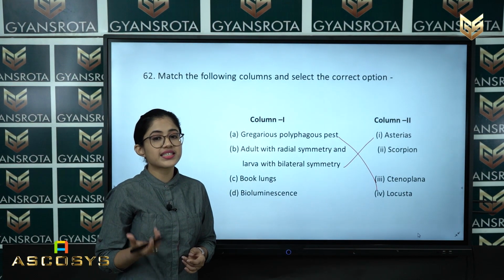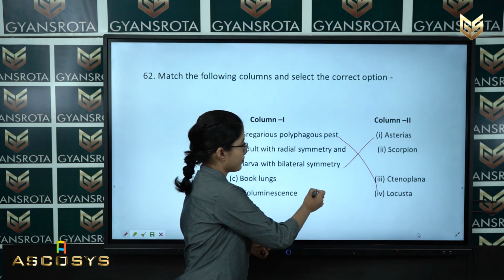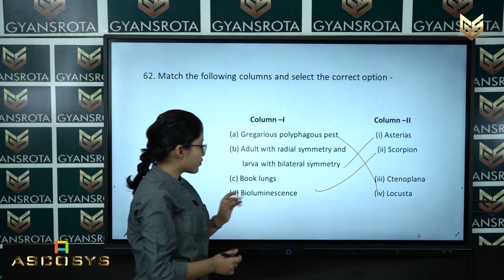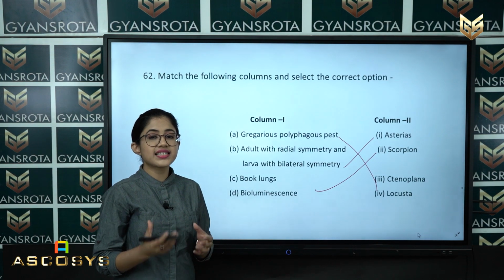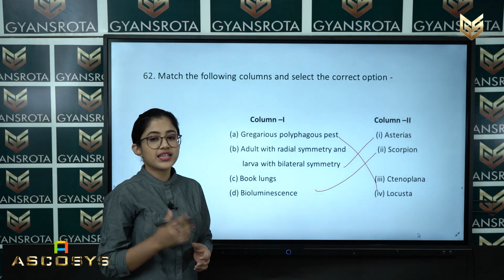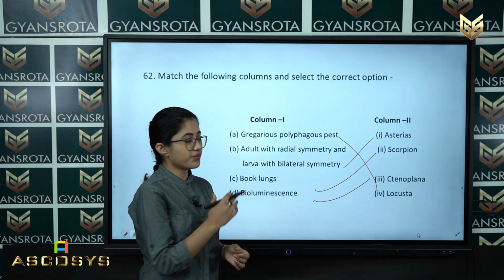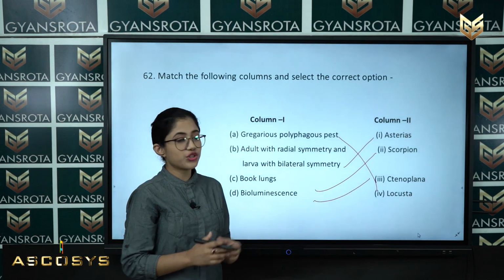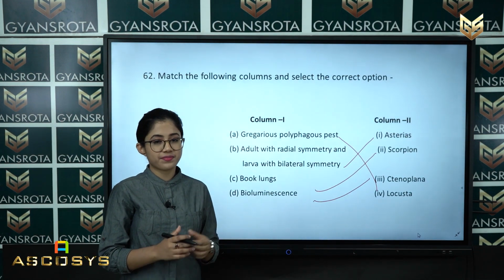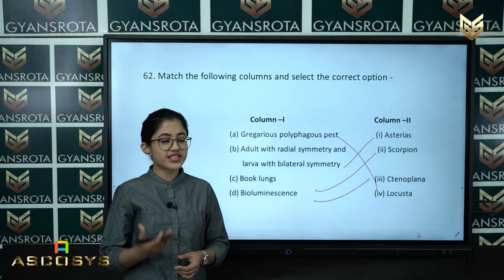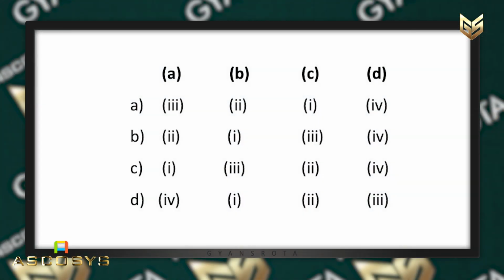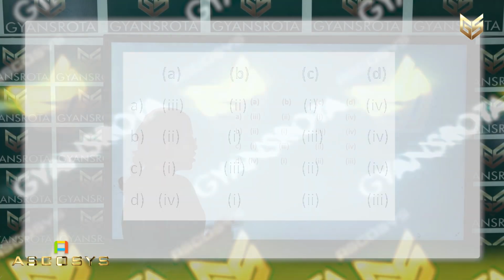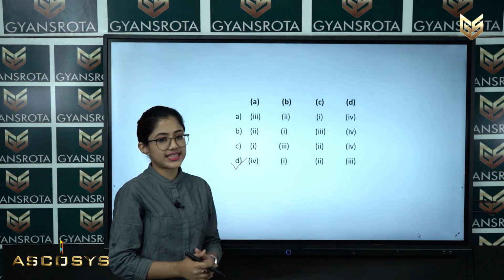Book lungs are present in scorpion. And the last one is bioluminescence. It is the characteristic property of ctenoplana. It will match with point number 3, that is ctenoplana. So this is the correct match. Now let's see what options are given for this question. So student, from these following 4 options, option number D is the correct answer.